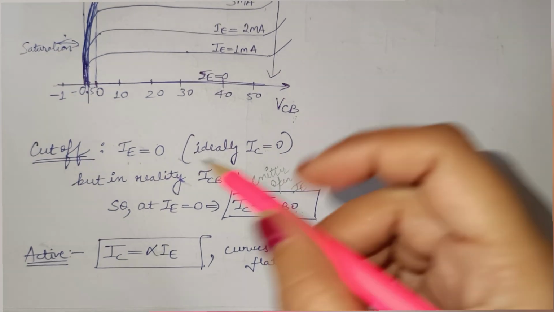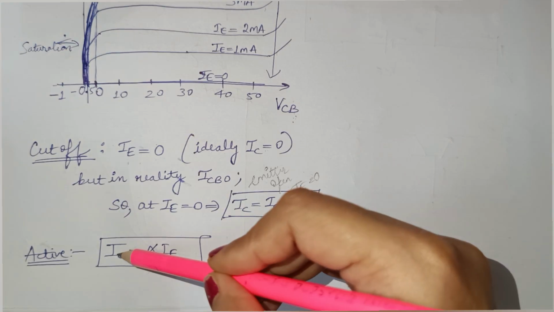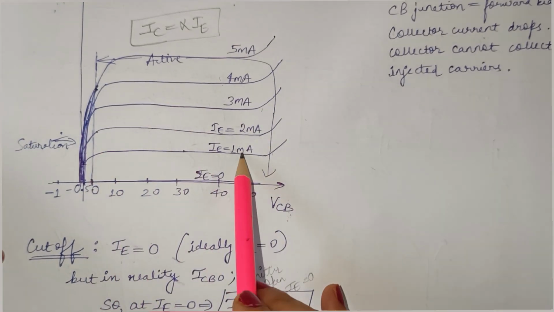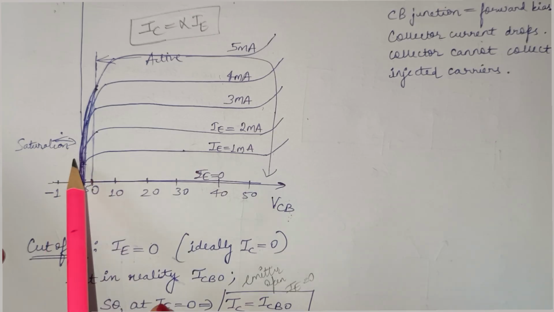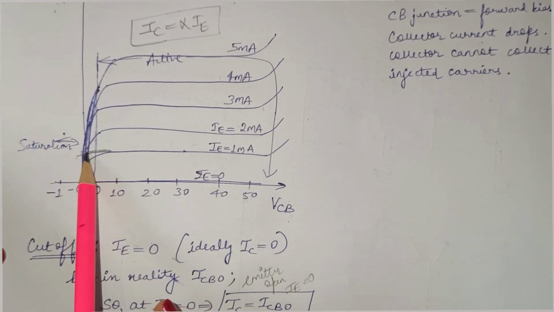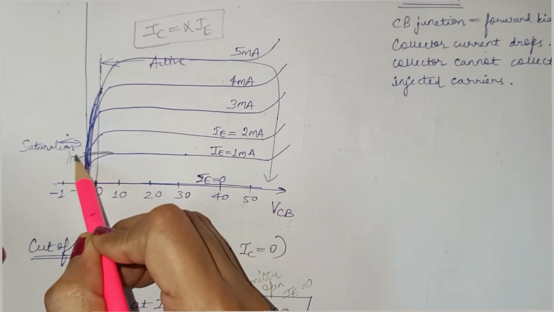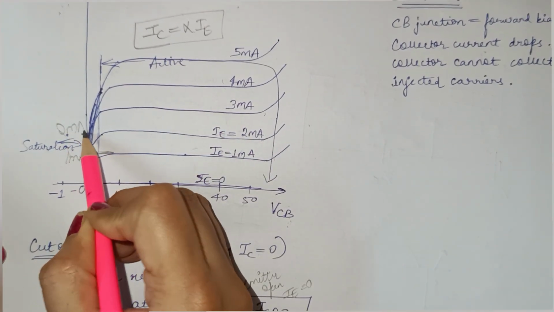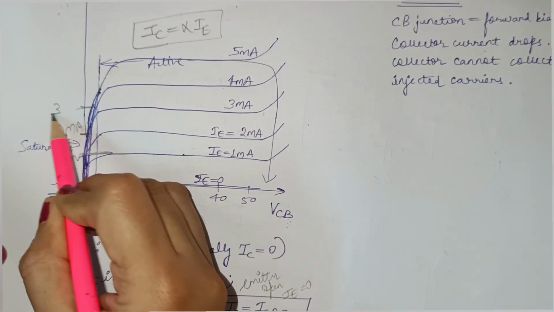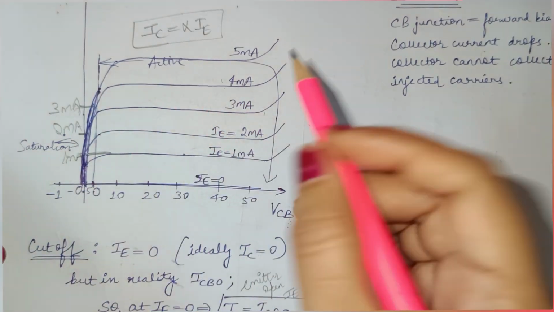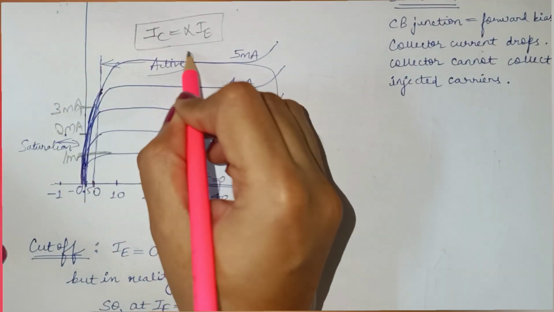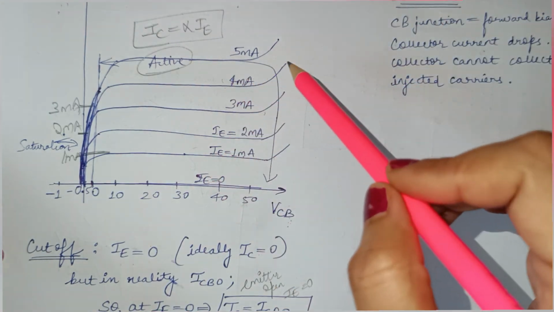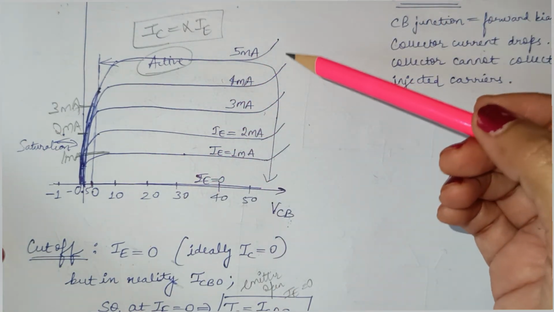Now what happens when you get to the active region? So the active region is this. When you give IE 1 milliampere, you get IC also equal to 1 milliampere. IE 2 milliampere, you get IC 2 milliampere, IE 3 milliampere, it is also 3 milliampere. So you get transistor action here. That is why it is known as the active region. Active region means the transistor will act as an amplifier. What kind of amplifier?